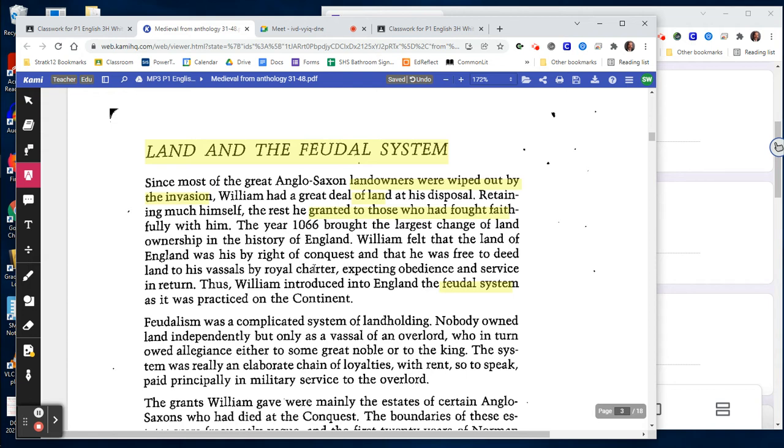And so he deeds the land or writes it in the law that these people get the land and expects obedience and service from anyone in return who has the land. So each person then owes their service to the king. That's the feudal system. Everybody owes their services to the people above them.